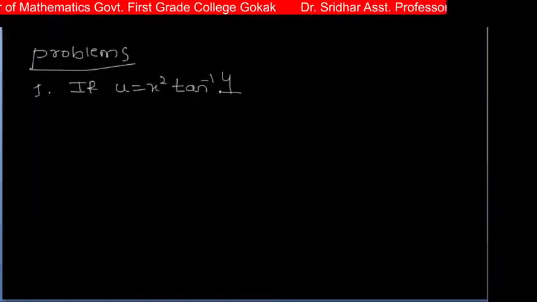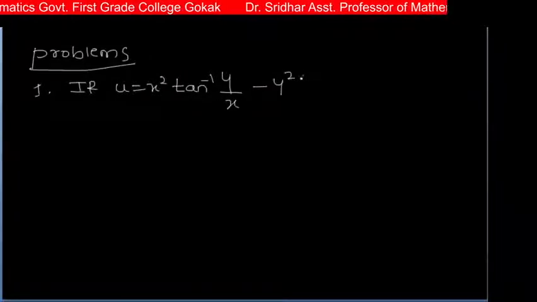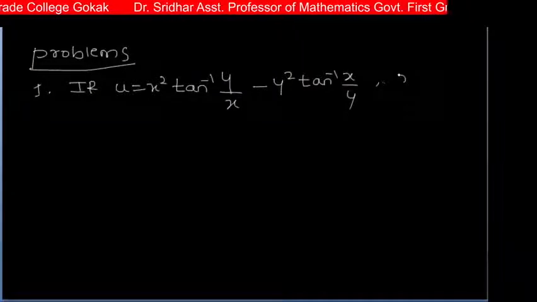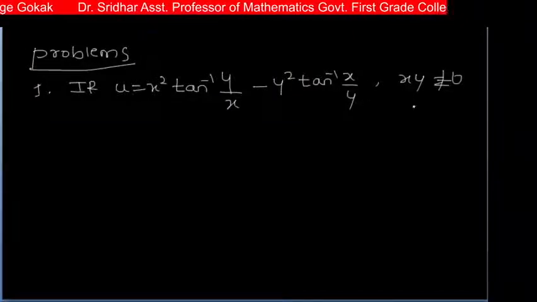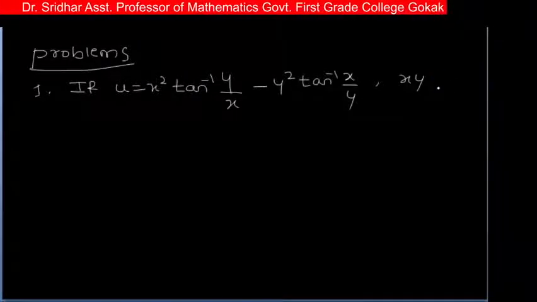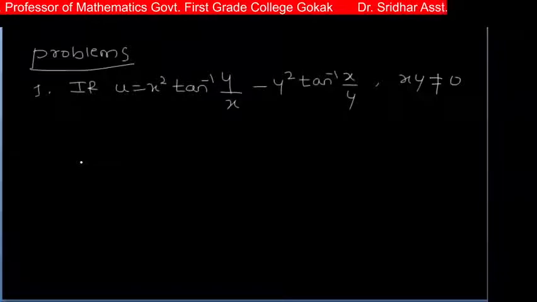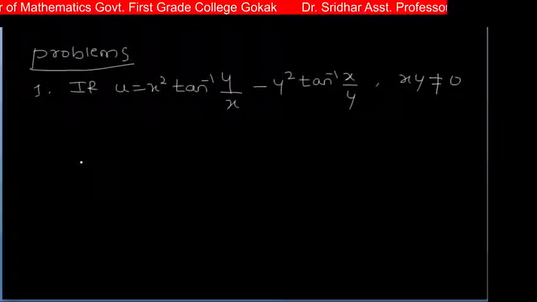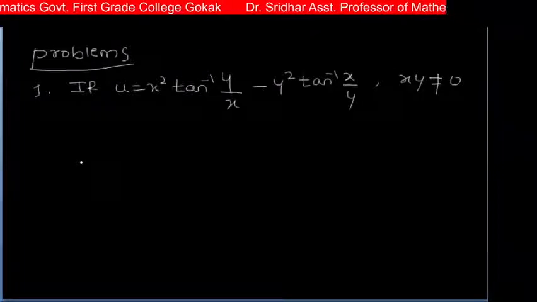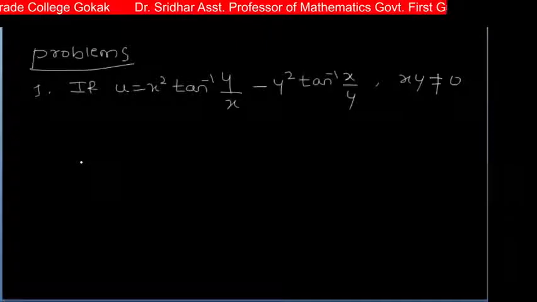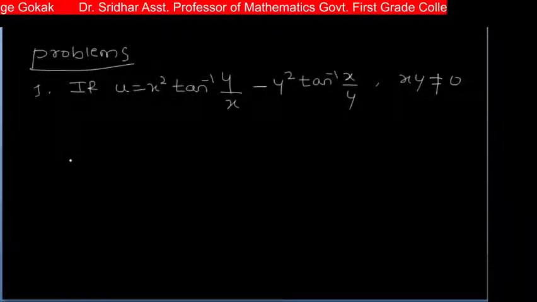If u is equal to x square tan inverse of y by x minus y square tan inverse of x by y, where xy not equal to 0.